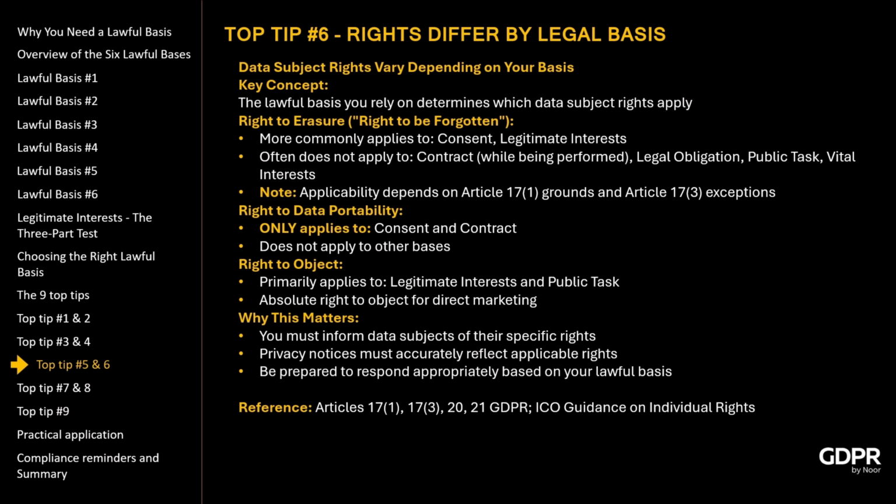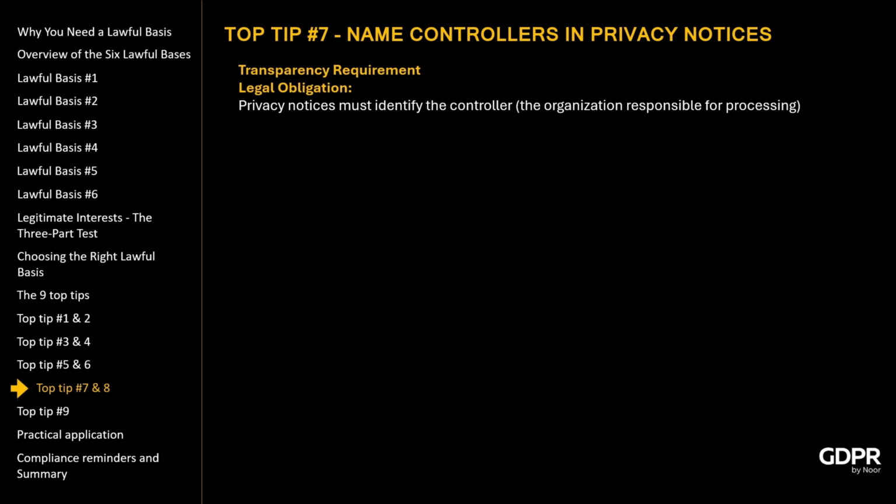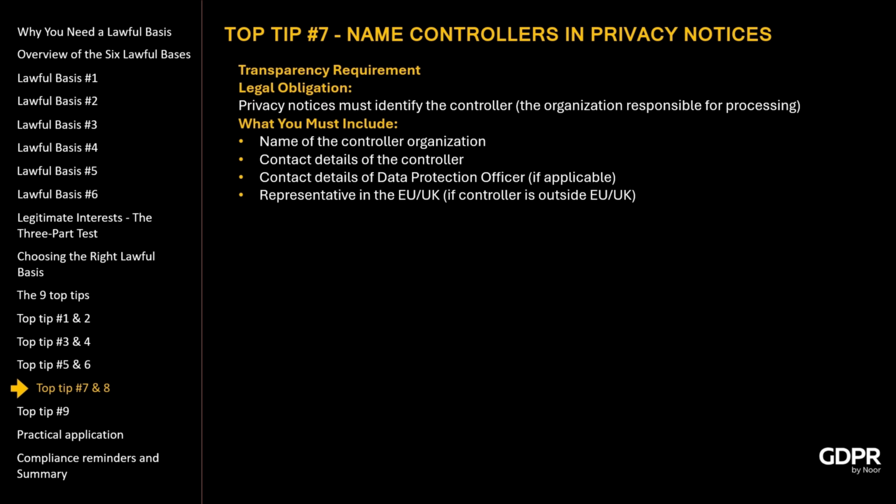Why does this matter? Because your privacy notice must accurately reflect the rights that apply to each processing activity. Understanding this ensures you handle rights requests correctly and stay compliant. Tip 7 is all about transparency. Your privacy notice must clearly identify the controller, the organization responsible for the processing. You need to include the controller's legal entity name, contact details for the controller, contact details for your DPO if you have one, and if you are based outside Europe or the UK, the name of your representative.